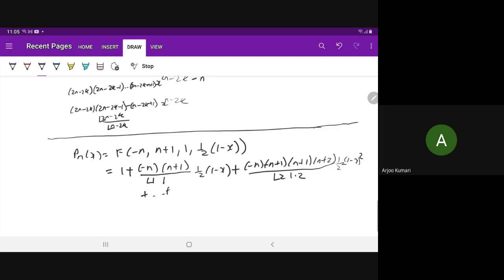If you write the nth term, what will be the nth term?